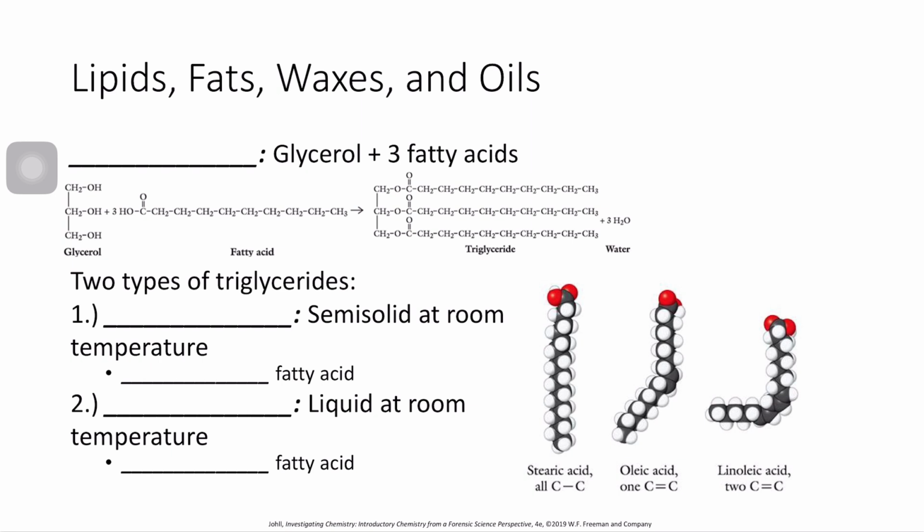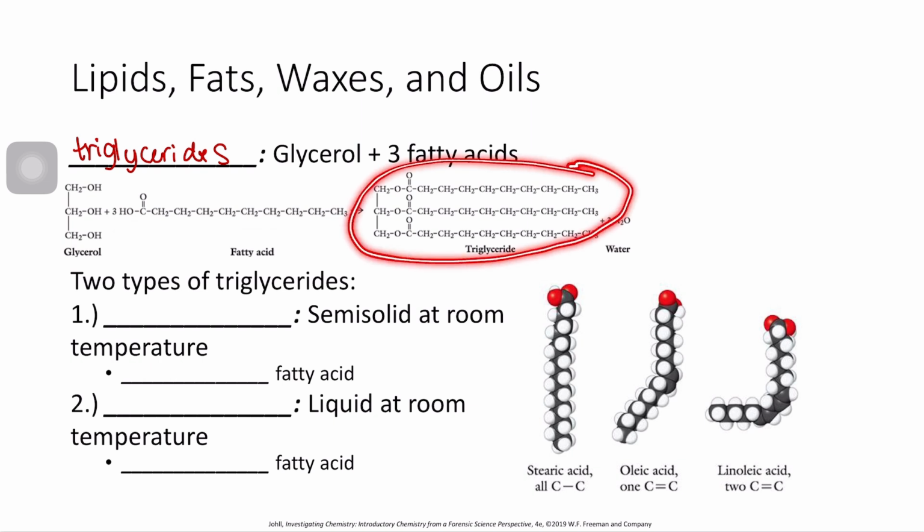Triglycerides are another type of lipid. This is glycerol reacting with three fatty acids. So here is glycerol right here, and it reacts with three fatty acids to make this triglyceride.